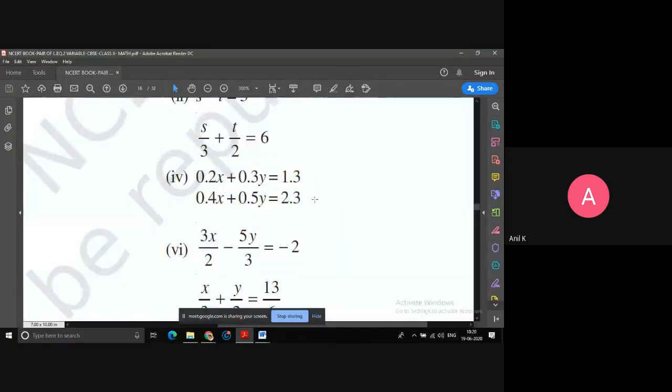One more thing you can do is multiply equation 1 as well as equation 2 with 10 on both sides. 0.2 into 10 is 2, 0.3 into 10 is 3, and 1.3 into 10 is 13. So we have 2x plus 3y equals 13. The second equation also becomes 4x plus 5y equals 23. Then you can use the substitution method.